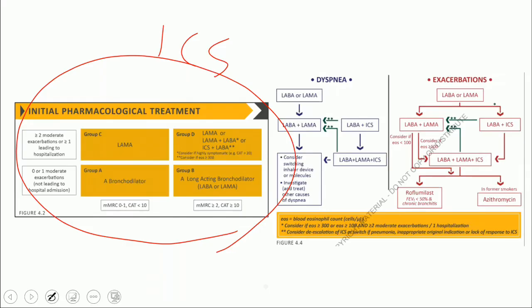So steroids are used in COPD if they have a high eosinophil count, if they have exacerbations, or if they have overlap with asthma. Sometimes there can be an asthma COPD overlap. So those are the 3 instances where we use ICS now in COPD.